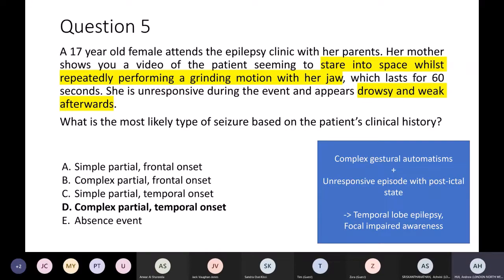So yes, if it was simple, the patient probably would not have a post-ictal state afterwards. I'd say that's the main differential, and being completely unresponsive as well lends itself towards more of a complex partial seizure history.